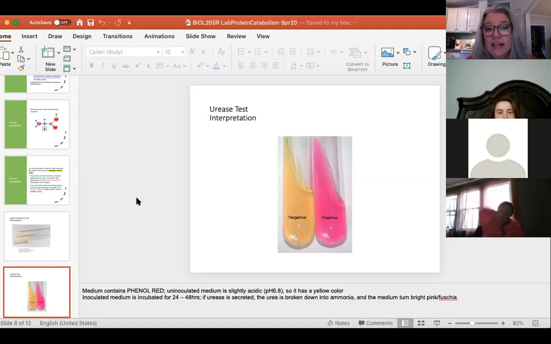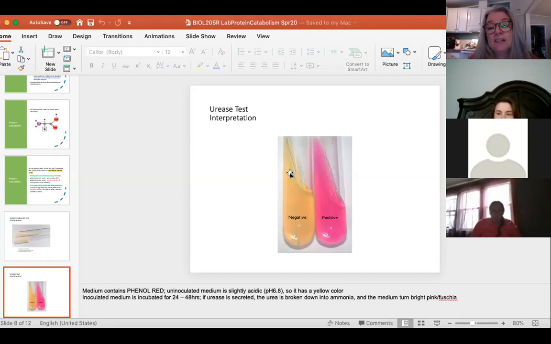In the urease test, the agar itself is slightly acidic. So before we even put bacteria on it, the agar is going to have this yellow color, because the agar, with the ingredients for this test, has a slightly acidic pH. So when you take this tube out of the box, it's going to be yellow.